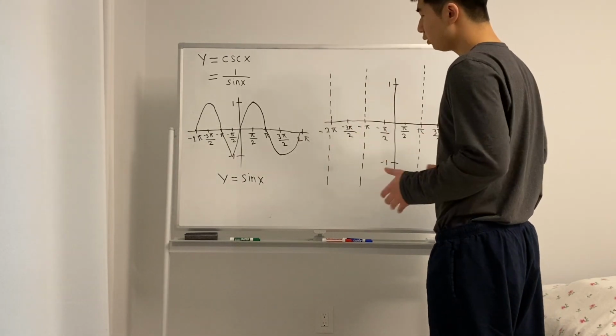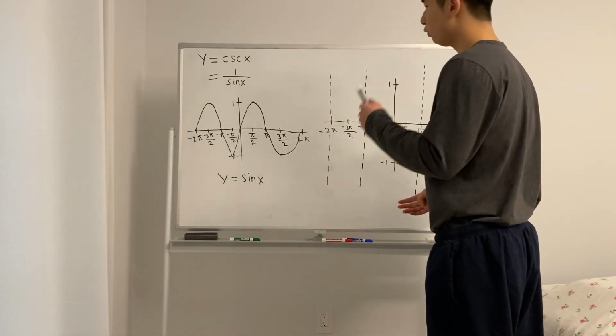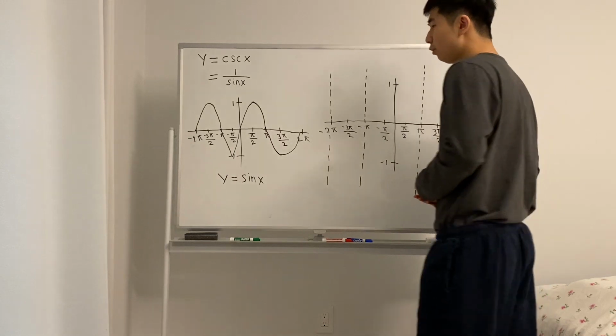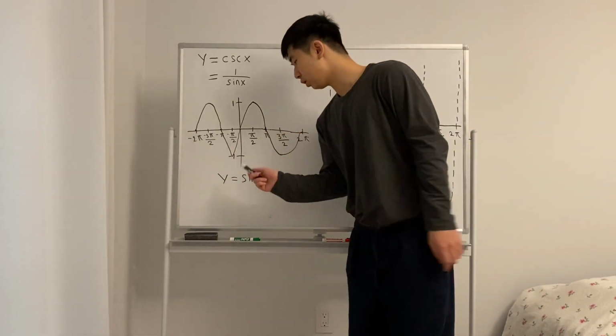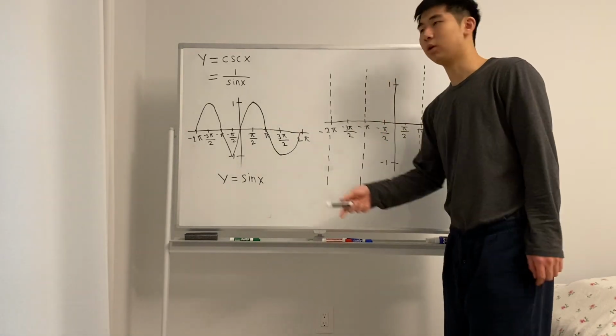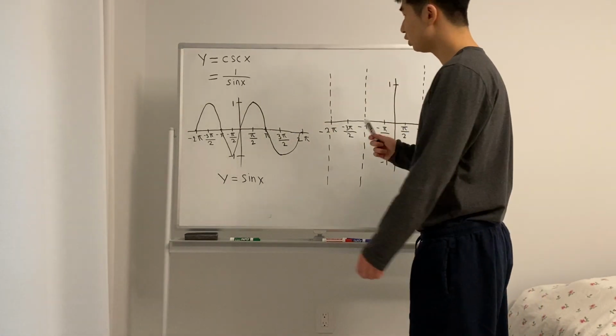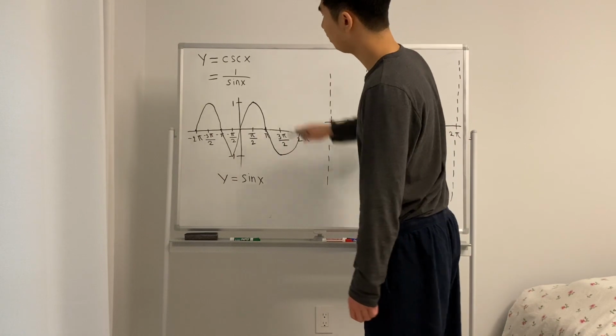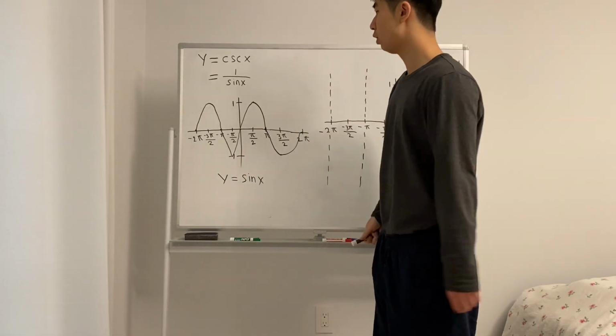The first thing I want to mention is, hopefully you've realized by now that whenever we have an x-intercept on the sine x graph, there's going to be a vertical asymptote at that same point on a cosecant graph. This is because cosecant is equal to 1 over sine, right?